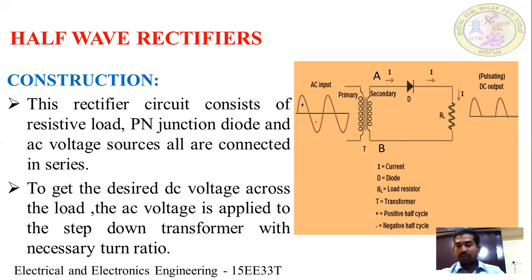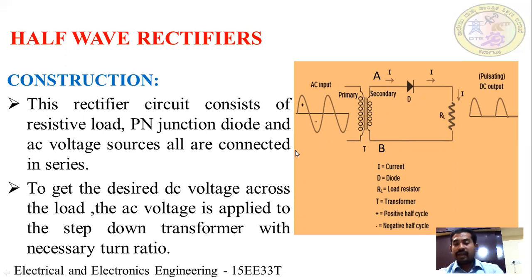This rectifier circuit consists of a resistive load, a PN junction diode, and an AC voltage source. This is the AC voltage source which is given to the primary winding of the transformer, and the output of the transformer is given to the diode rectifier. This PN junction diode acts as a rectifier here.